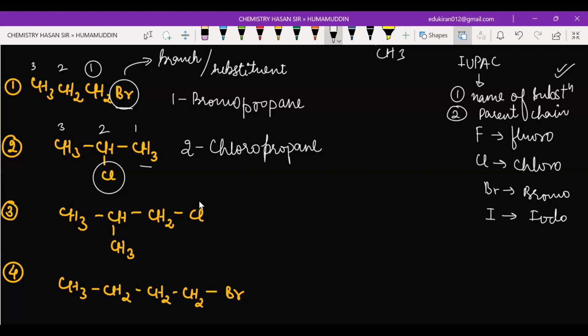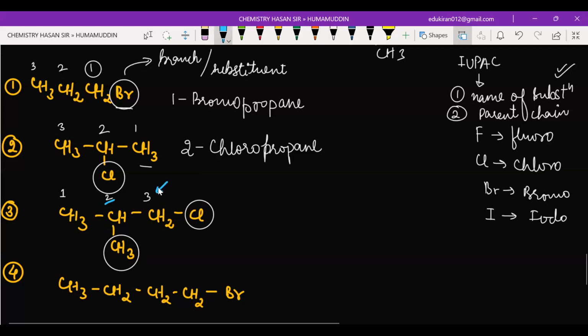Now there are two branches, this branch and this branch. From where are you going to do the numbering? If you number from the left side, 1, 2, 3, you will get branches at position 2 and position 3. And if you number from the right hand side, 1, 2, 3, you will get branches at position 1 and position 2.